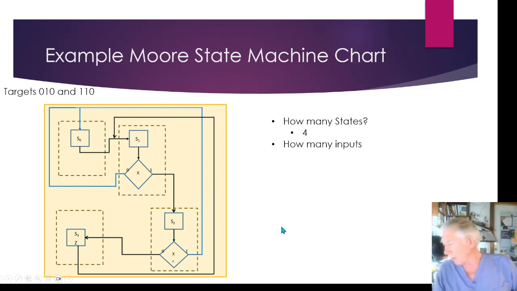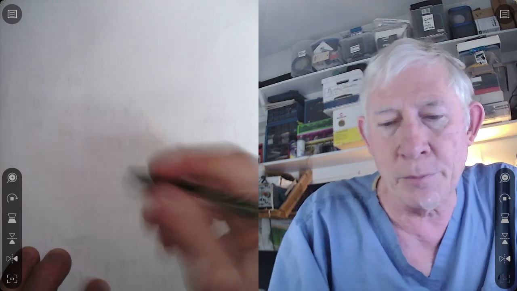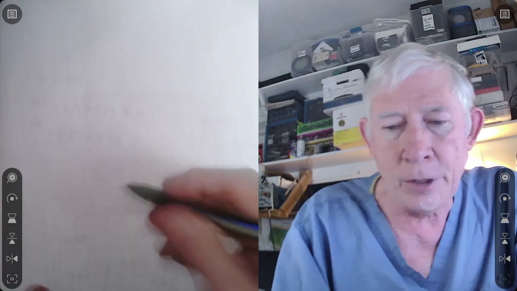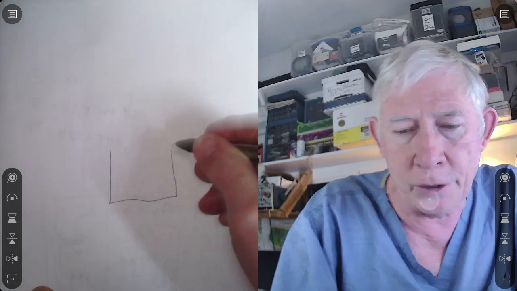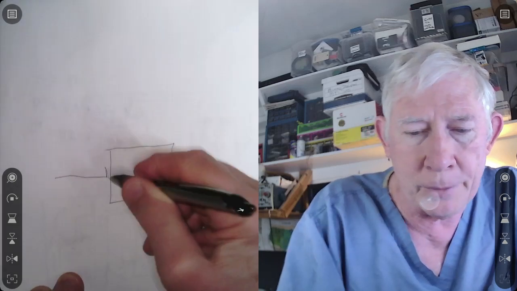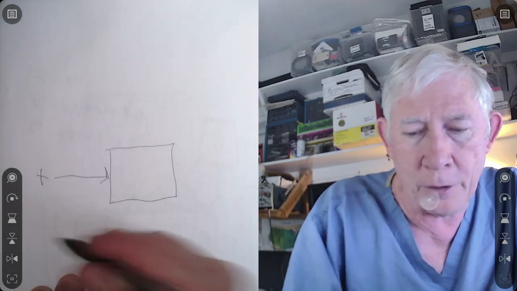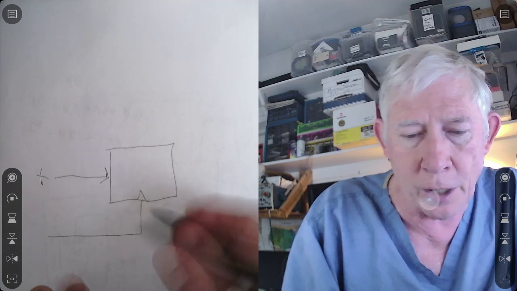Well, the basic design for this problem, let me write on paper here. Remember, this problem is basically our standard setup. We have one input X. We have a clock, an edge clock.